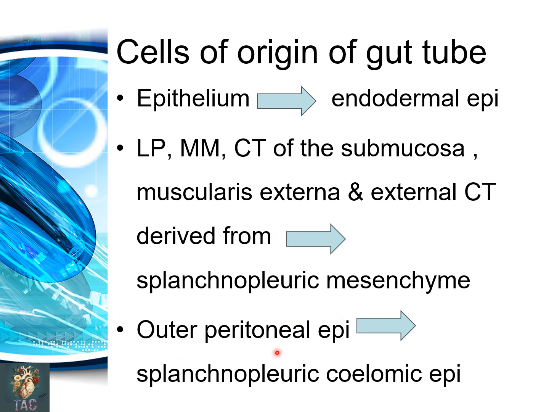And outer to this, the peritoneal epithelium, that is the serosal layer, is derived from the splanchnopleuric coelomic epithelium. So these 3 are the sources from which the gut tube develops: the endodermal epithelium, the splanchnopleuric mesenchyme, and the splanchnopleuric coelomic epithelium. Please remember, students, these are all your MCQs as well.